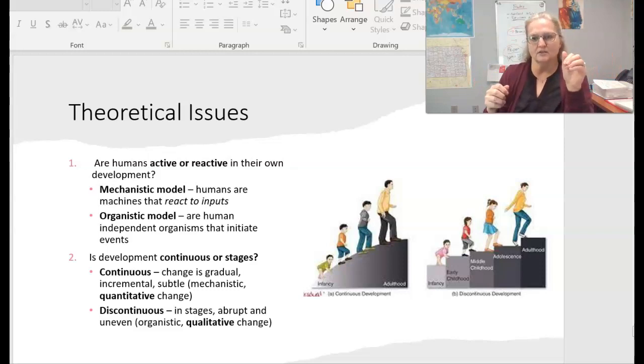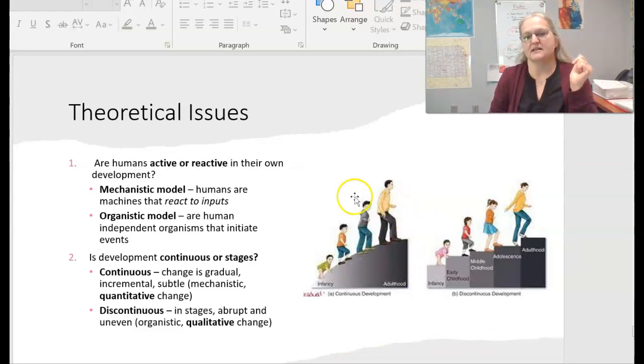But also, and that's what is illustrated in this picture, is the question of whether development and change through the life course is what we would call continuous, or discontinuous. Continuous is represented by this first image right here.